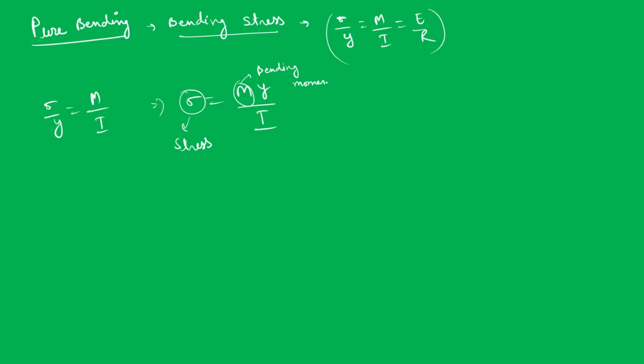If you see the relation, sigma is directly proportional to M, which means this sigma is going to affect the bending in the beam. Let's say I have a beam here, and I have a stress here, and this stress is sigma, or this stress is uniaxial. Uniaxial, what does that mean?